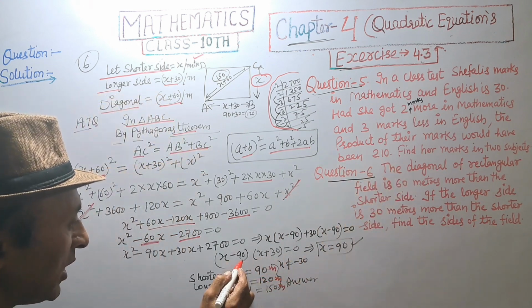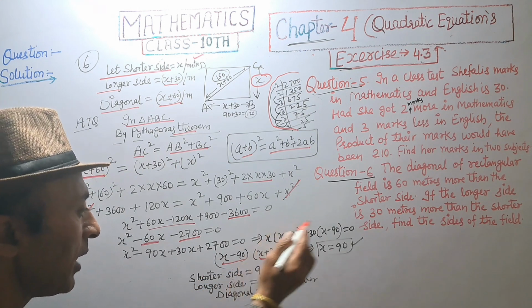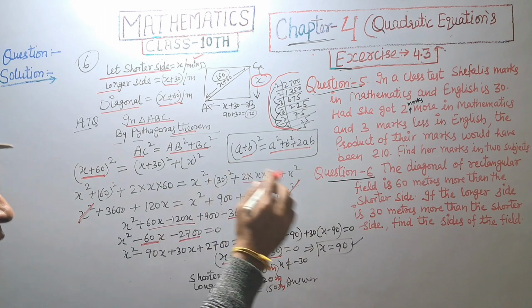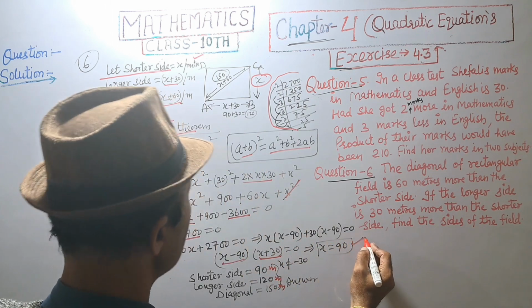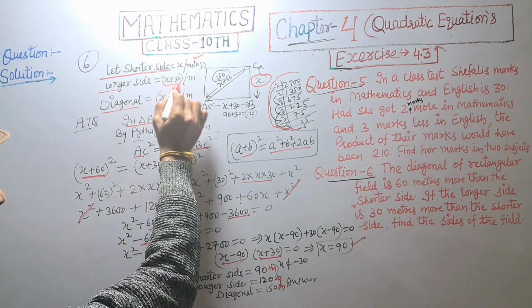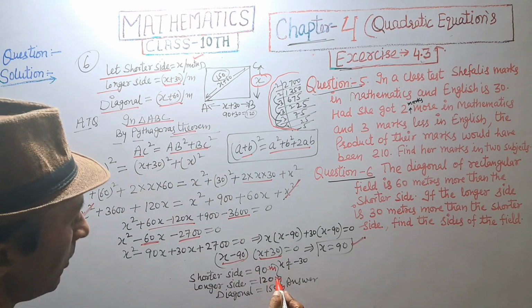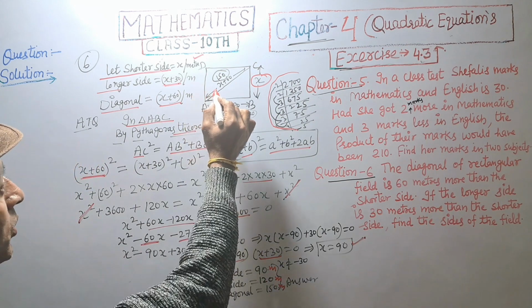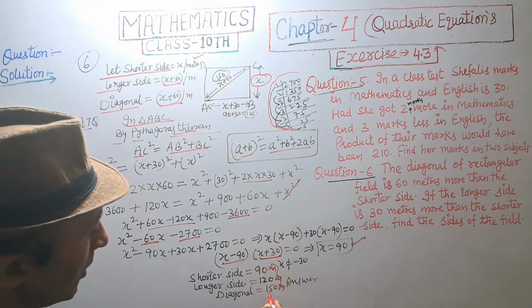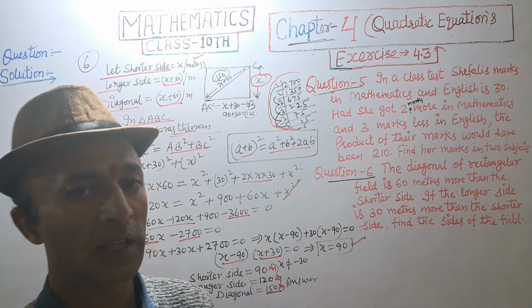X minus 90 one time and x plus 30 one time equal to 0. X is equal to positive 90, so the shorter side is 90, the longer side is 90 plus 30, that will be 120 meter, and the diagonal equals 90 plus 60, that will be 150 meter. Answer. Thank you so much.